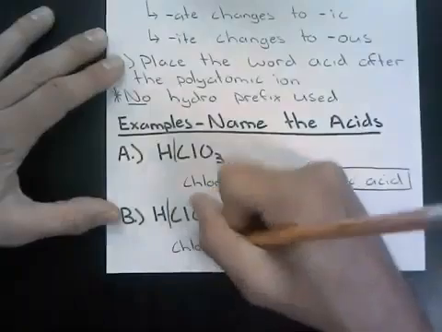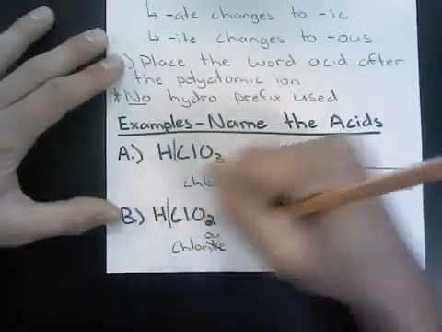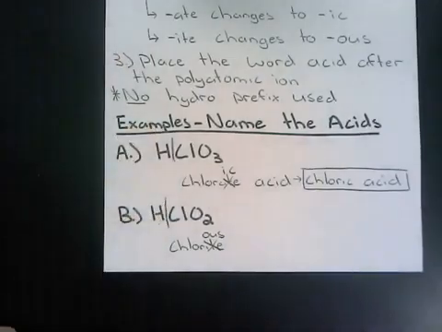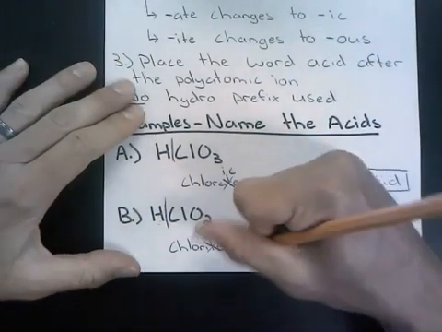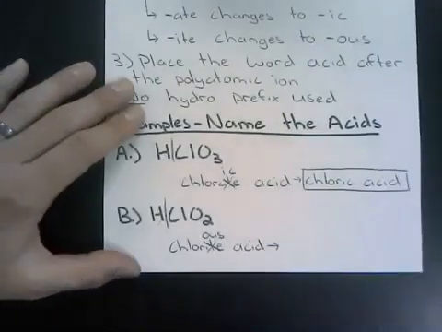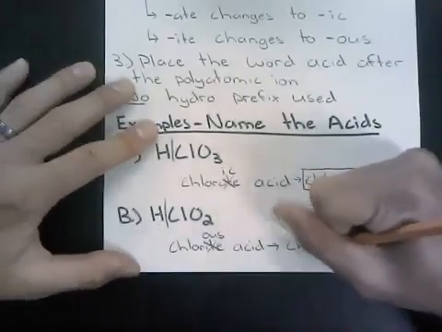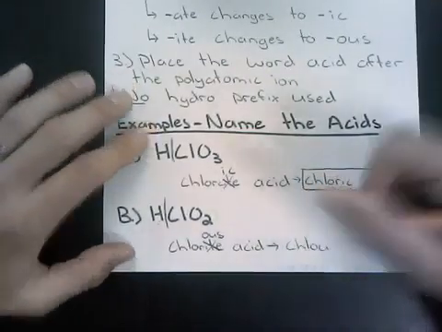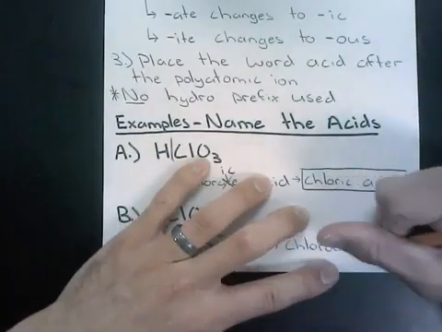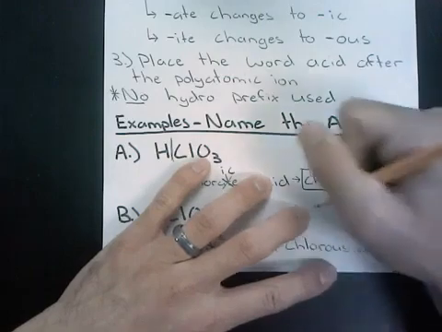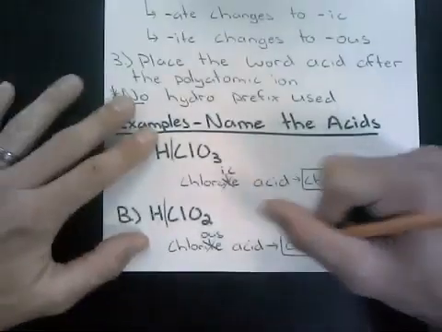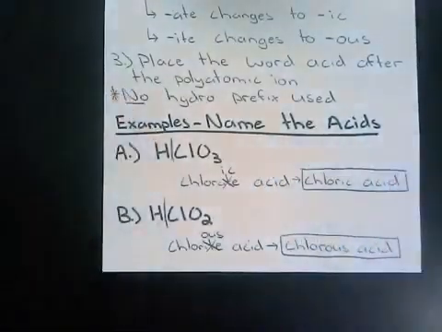So what I'm going to do is cross out ITE and tack on OUS. The last step here is just to tag along the word acid. So when I rewrite the name for HClO2, it becomes chlorous acid. Notice too, as I'm writing this, there is no hydro prefix. And that's because it's H and a bunch of other elements after that H. So just be careful there.